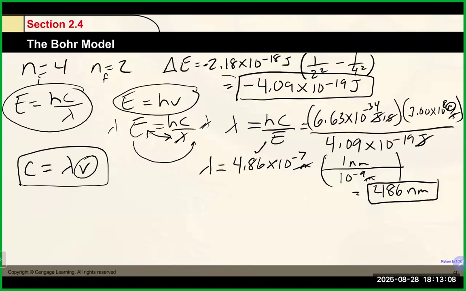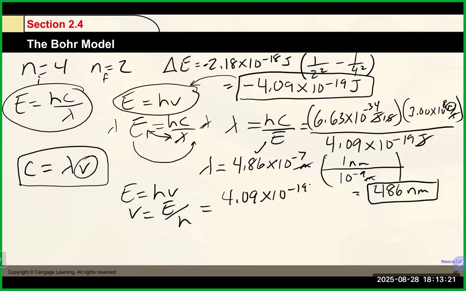I'll just go into this one like we did last time, and we'll go E is equal to H times the frequency. That means the frequency is E divided by H. Once again, here getting rid of our negative on it and dividing by Planck's constant. Once again, joules canceling out, leaving us some reciprocal seconds.